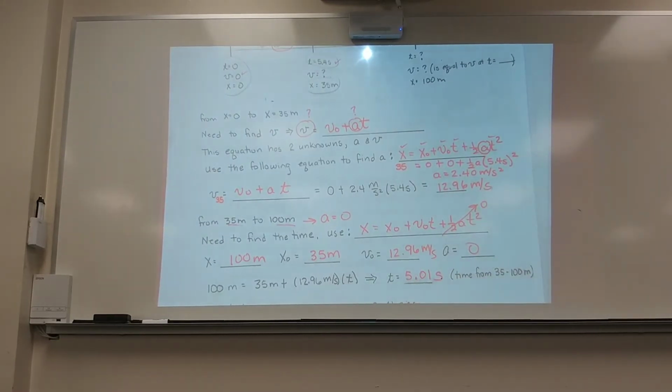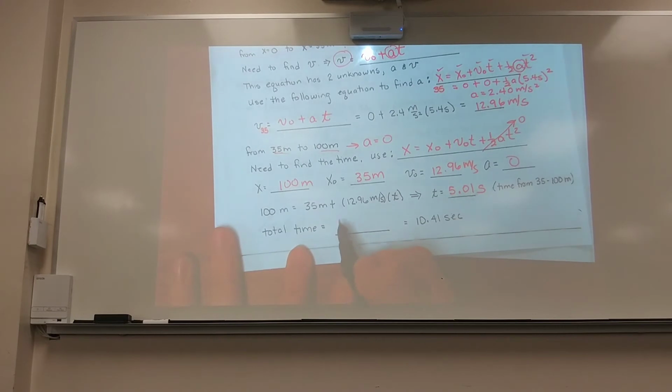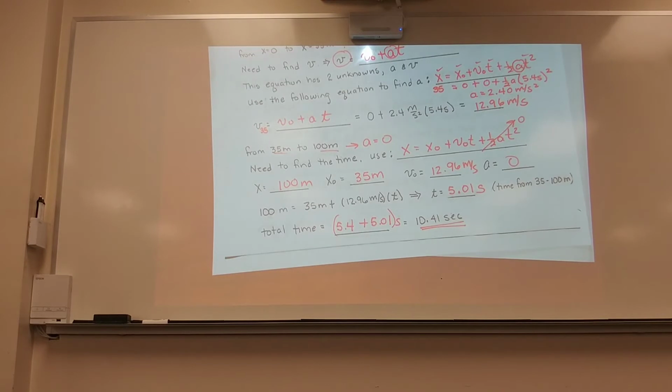So now we have that the time it takes to go from 35 meters to 100 meters with 0 acceleration is 5.01 seconds. And then we just have to add the two times together. We get our final time.